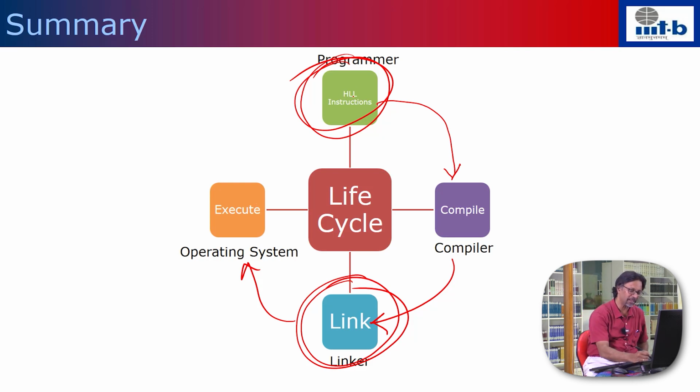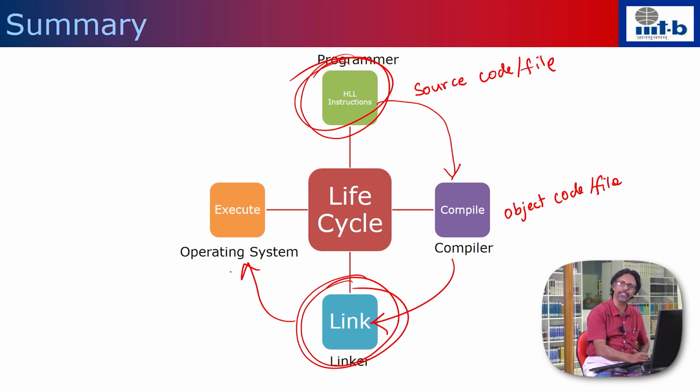Okay, so this file which contains the high-level instructions is called source code. Okay, this file which is produced by the compiler after doing this initial compilation is called object code. Object code or object file, source code or source file.